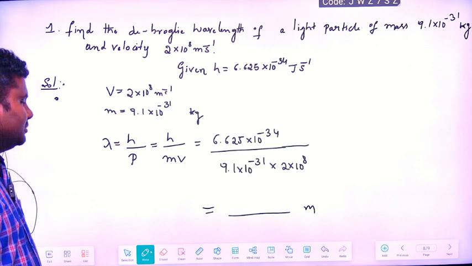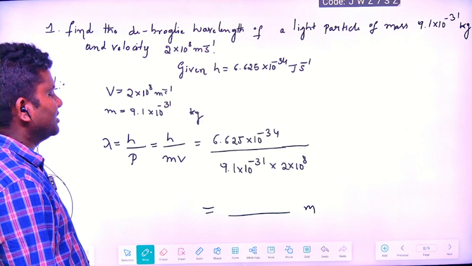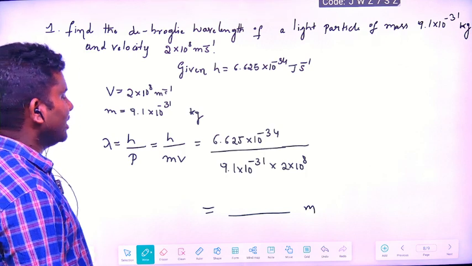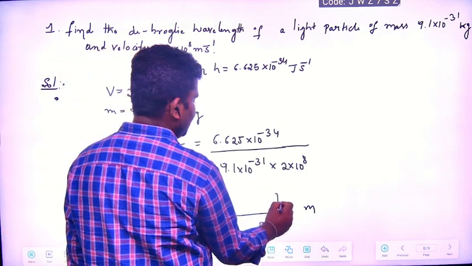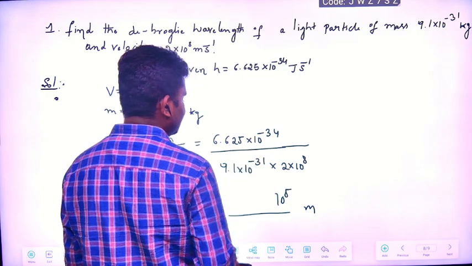Okay, how much you got? Plus 31, minus 34 will go, minus 3, and with the 8 it becomes 10 to the power of minus 5.